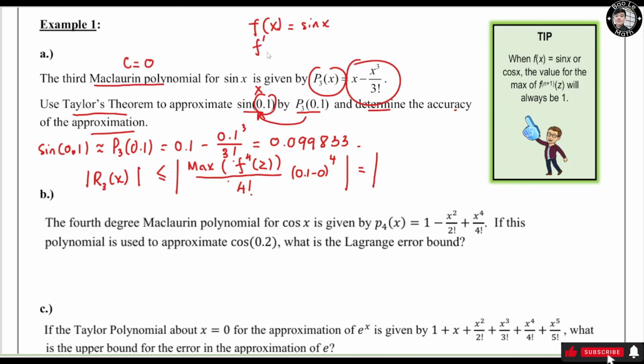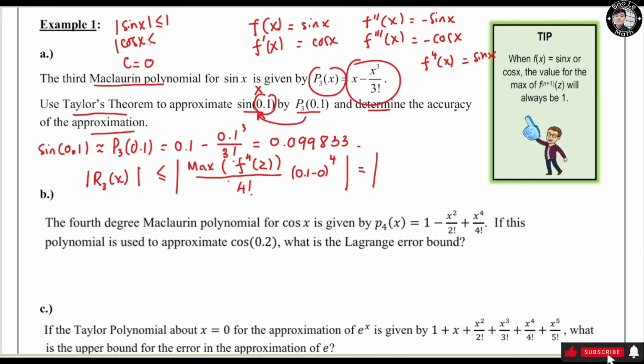If you take derivatives, it's going to be around sine and cosine. f prime of x is cosine x, f double prime of x is negative sine x, f triple prime of x is negative cosine x, and the fourth derivative is sine x again. You know that the absolute value of sine x is always less than or equal to 1, and the absolute value of cosine x is always less than or equal to 1.